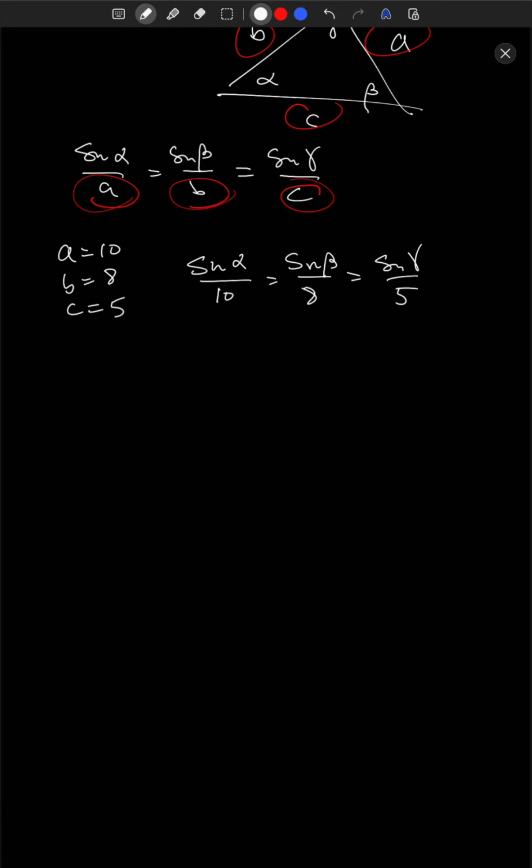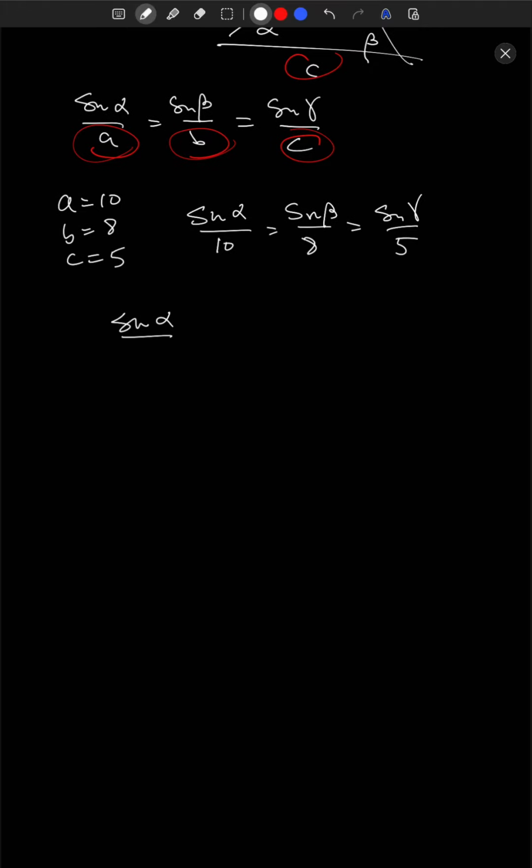If we use two of these equations, what do we get? Let me write it out first: sine alpha over 10 equals sine beta over 8. We can't solve for sine beta because we have an alpha here, and we can't solve for alpha because we have a beta here. In fact, if you pick any of these equations, there's always two unknowns.